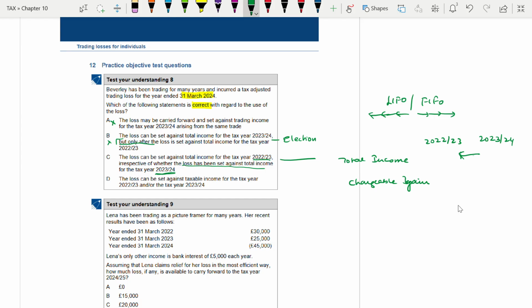How? Because they say, whether the loss has been set against total income for the next year.